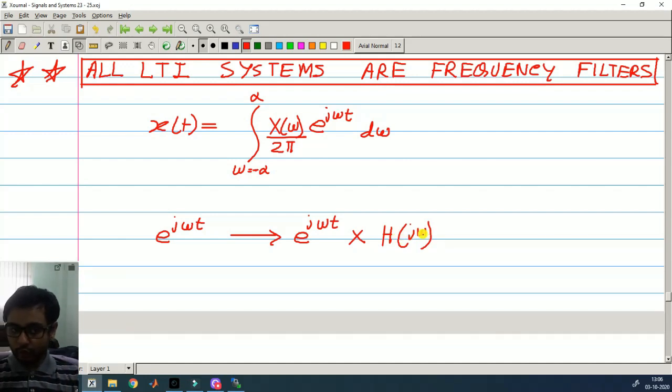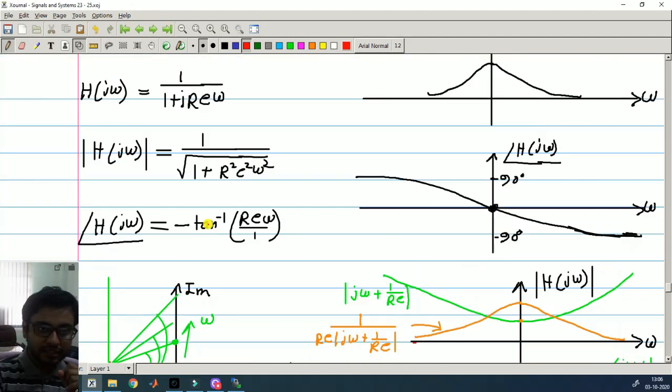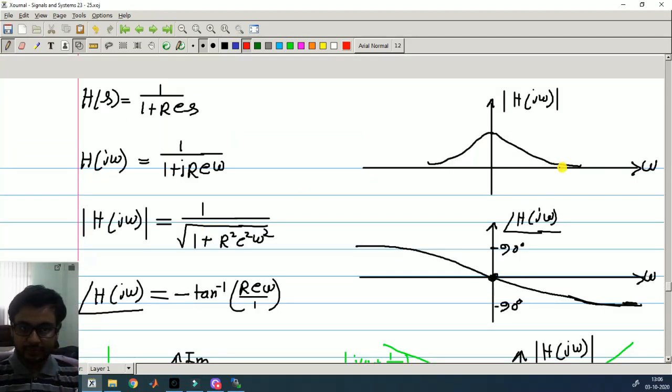For some value of omega, H(j omega) can be large and you will get large output. For some value of omega, H(j omega) can be small and you will get small output for the same amplitude of input. For example, in this system, we saw that the magnitude of H(j omega) is large for low frequency and very small, close to 0, for large frequency.